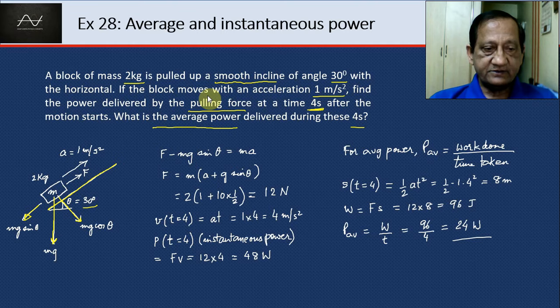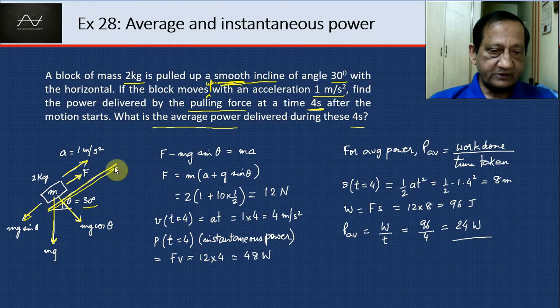I should say that it is moving up. That is missing. So it is moving up with an acceleration. There's a pulling force F. Now, there is no friction, so don't worry about it. Smooth incline. Now, we only need to discuss the motion along the plane, so don't worry about forces perpendicular to it. There would be a normal reaction cancelling out mg cos theta.